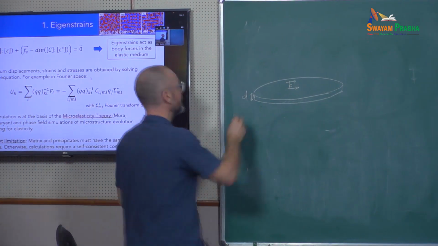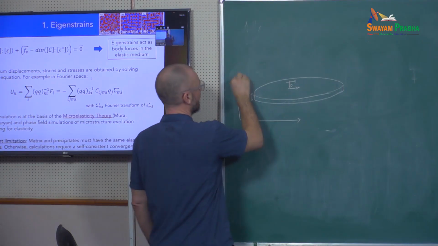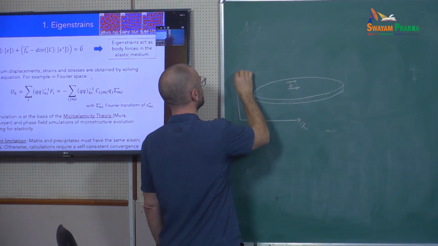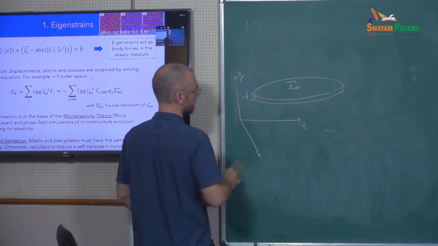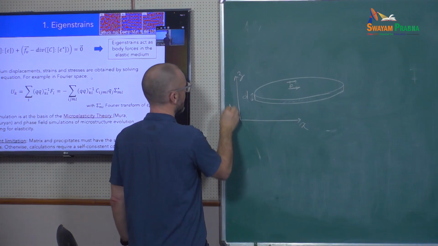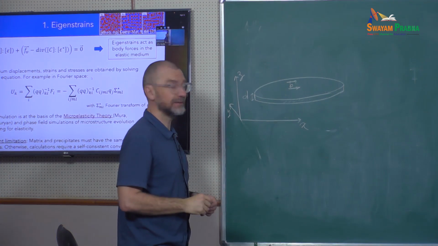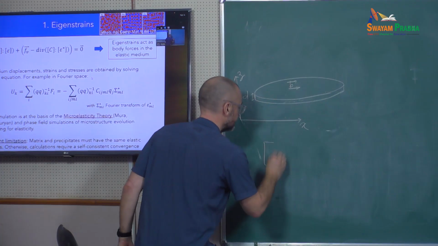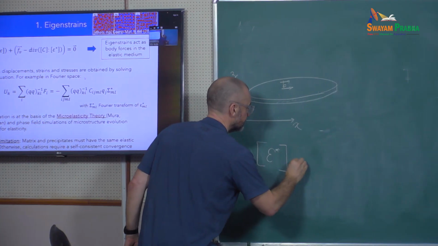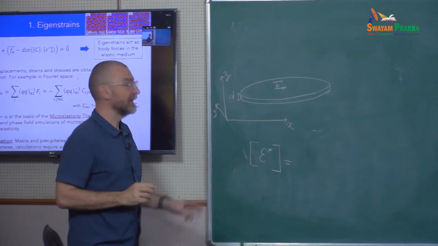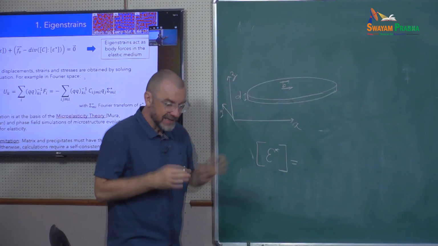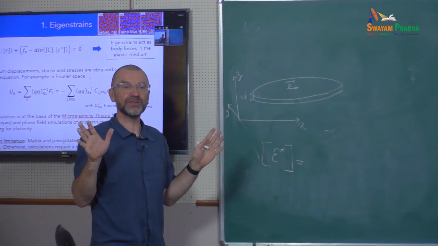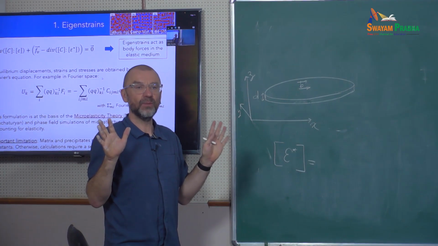Imagine, if I take something simple, I have an X axis in this direction, a Z axis in this direction, and a Y axis towards the back, right? I have this platelet. The material inside that platelet, what does it want to do when it is stress-free?